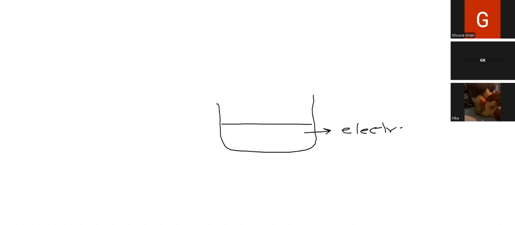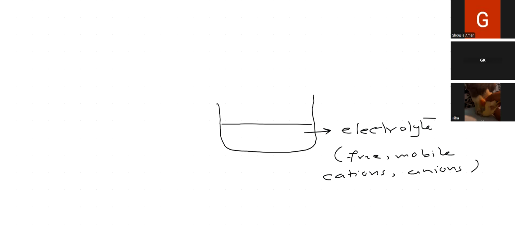Electrolyte is a compound with free and movable cations and anions, and which is capable of conducting electricity. So you have taken electrolyte in the molten or aqueous form.